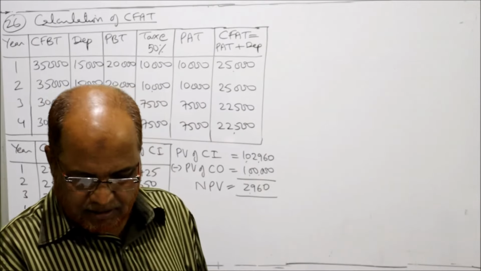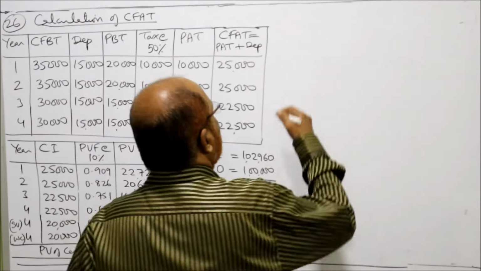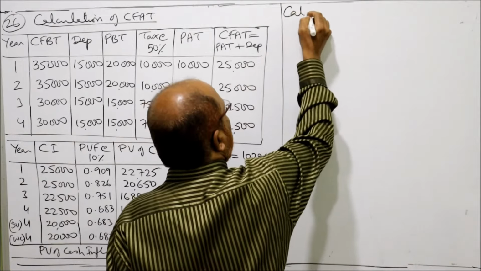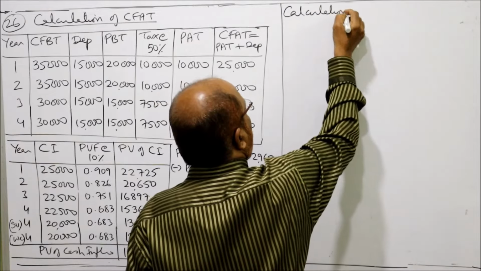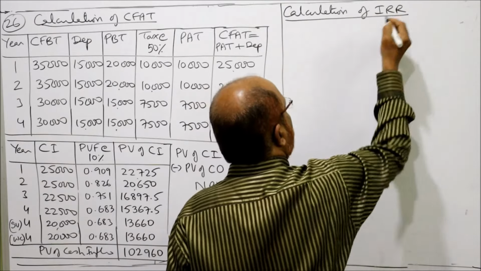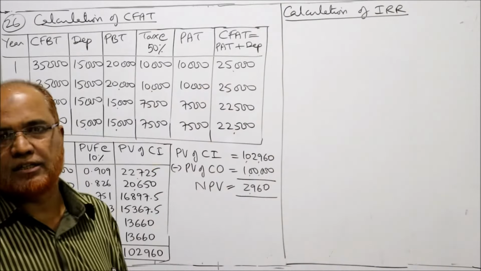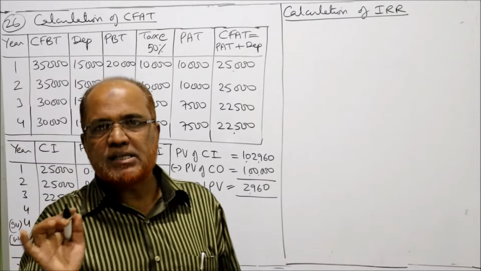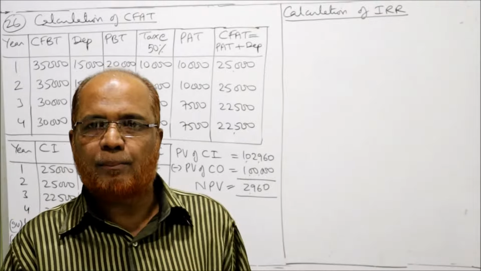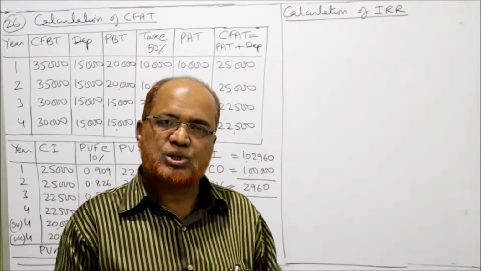Now, calculation of IRR, internal rate of return. First time we are going to apply the second method. There are 2 models of problems in IRR. The first model will be applied when annual cash inflows are constant.